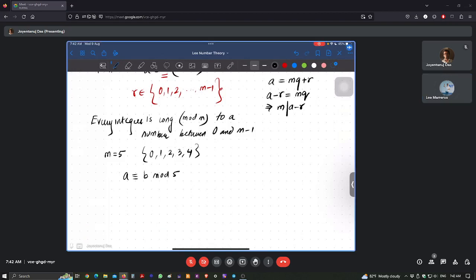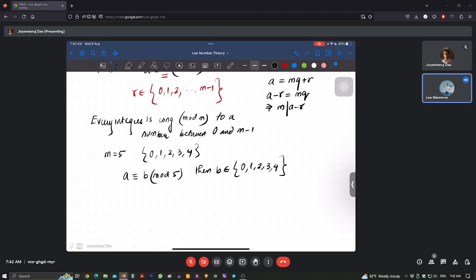If I take this, then B must belong to this set 0, 1, 2, 3, and 4. A can be anything; A belongs to any integer. B is any of those, mod 5. So B, you said, is like the remainders? Yes, B is the remainder.